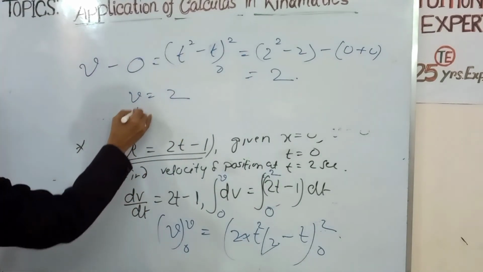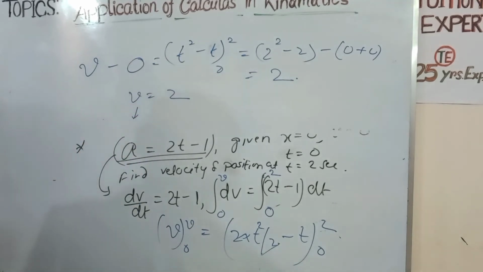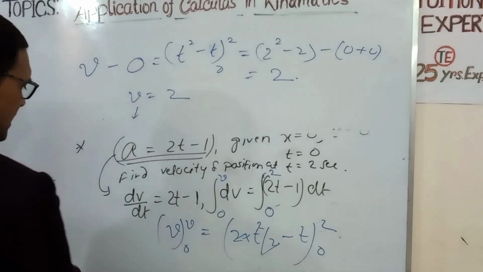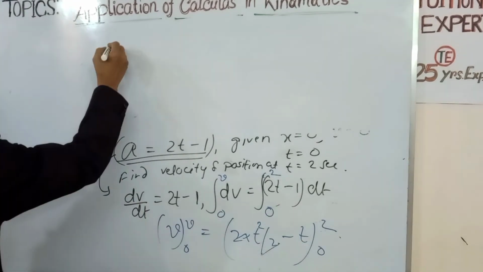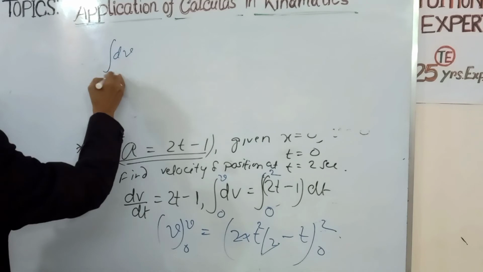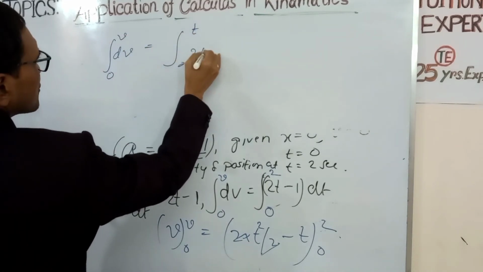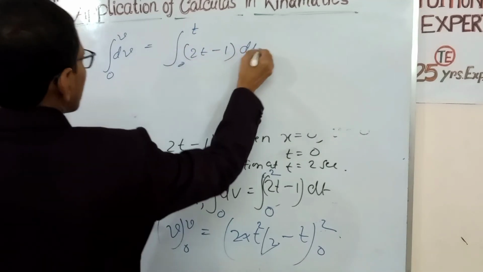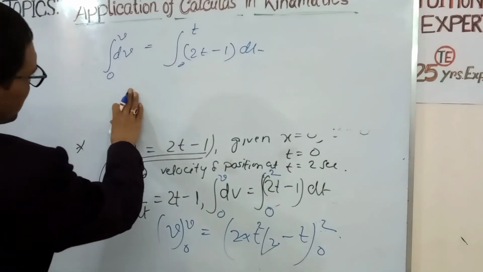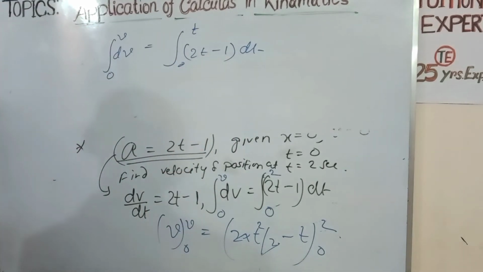Now from this we cannot derive displacement. So to find the displacement, we have to express v in terms of time. So in terms of time, we have dv from 0 to v equal to 0 to t, because we have to derive the velocity in terms of t, then we can find x.